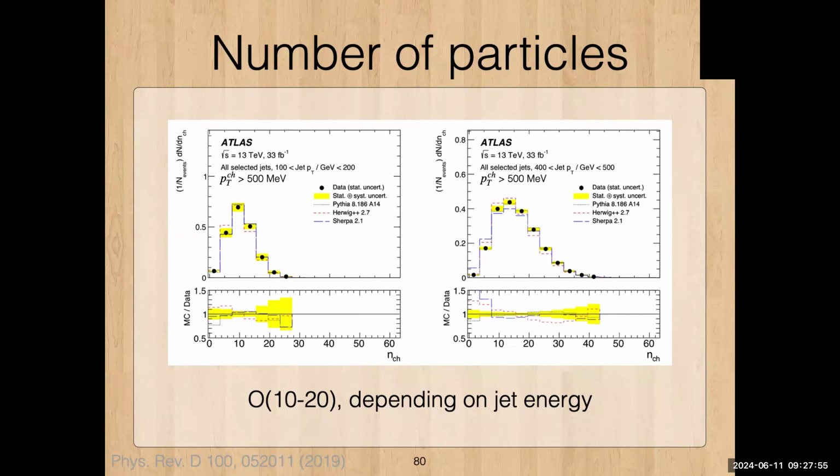And the jet range is like 100 GeV here and 500 GeV here. And so what we can learn from here is that we have like 10, 20 particles, somewhere in that order, depending on jet energy. And if you work on cases where we have lower jet energy, then it will be a little bit smaller than this, but something this small.